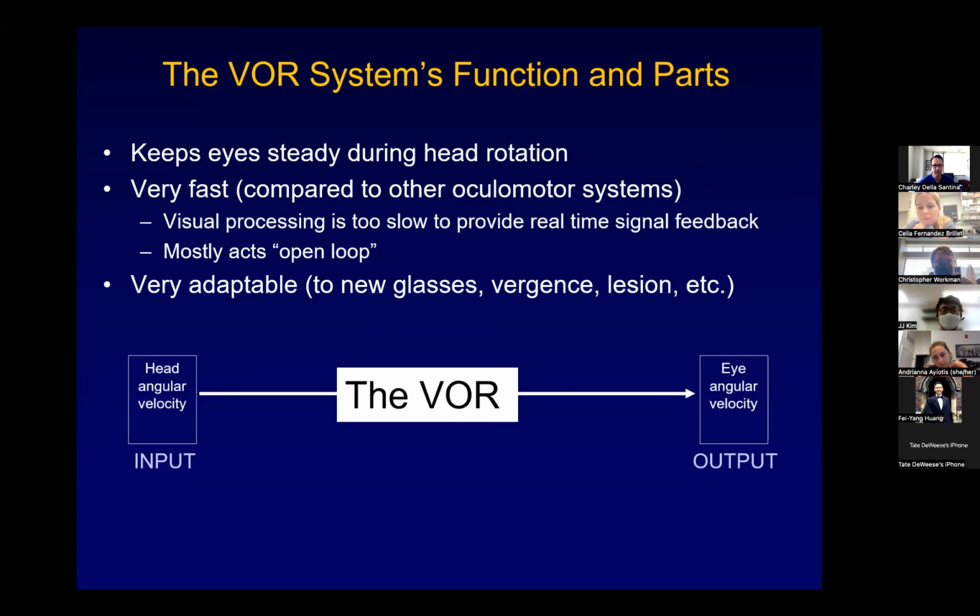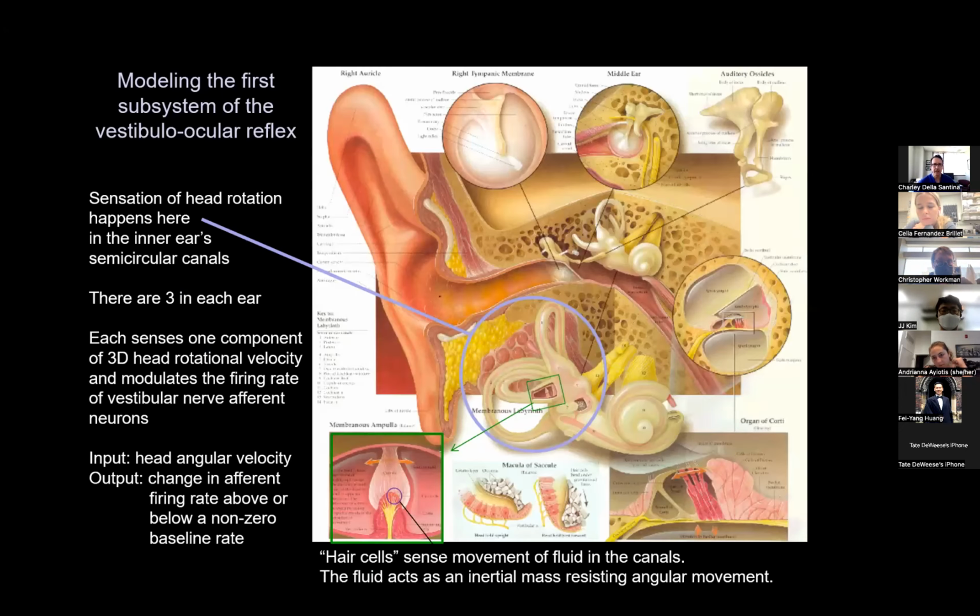So let's break up that system into its components. To do that, we need to know a little bit about the anatomy and physiology. A quick review: head rotation is sensed by these hula hoop-like structures called semicircular canals. There's fluid inside of them, just like the water in this cup. When I turn the cup quickly, the fluid doesn't move with the walls of the cup. The walls of the cup move around it.